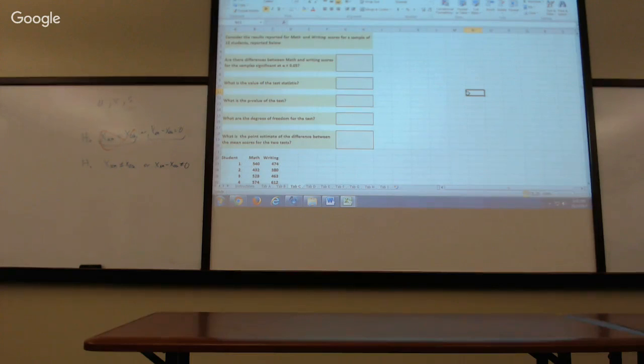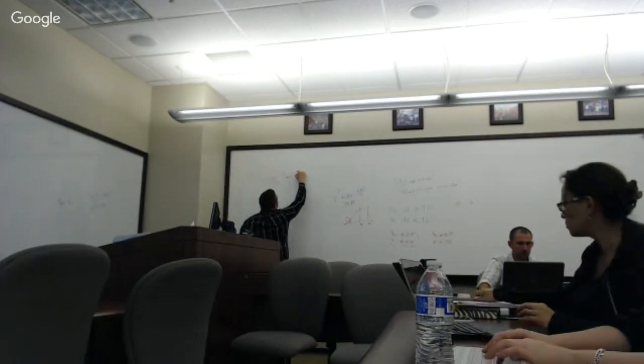So the first hypothesis test: are there differences between math scores and writing scores for the sample, significant at a 5% alpha value? So, a two-tailed test here. The score for math, the score for writing.